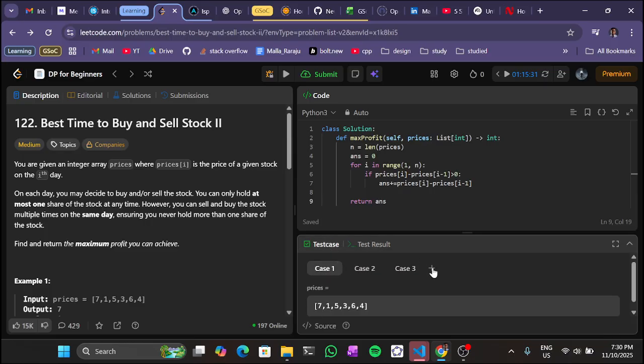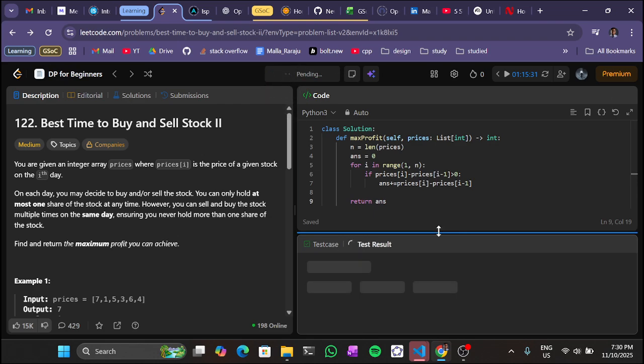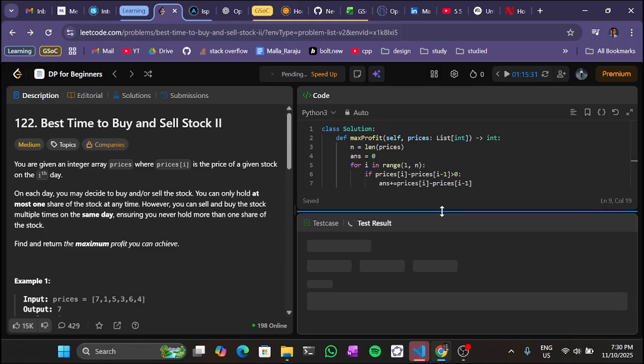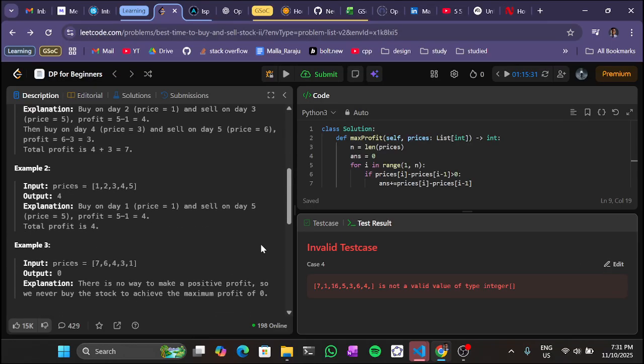Let's add other test cases. Not a valid value of type integer.